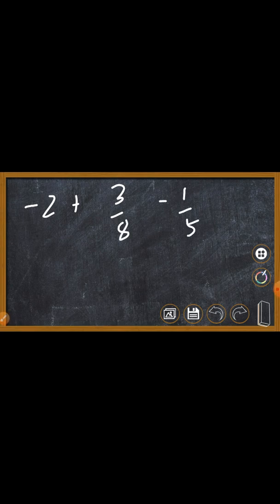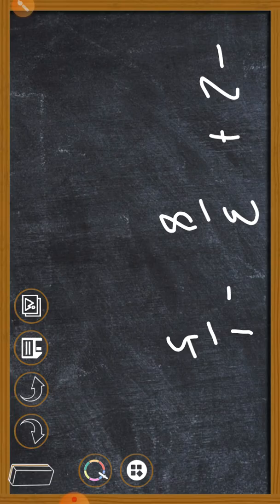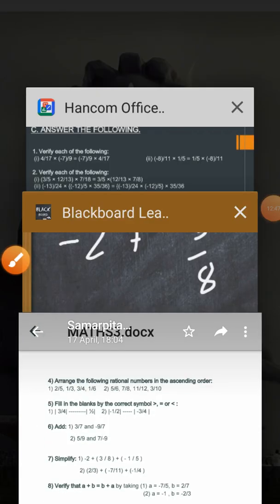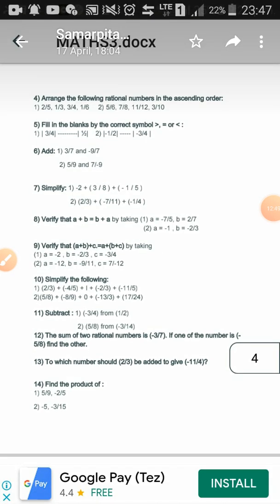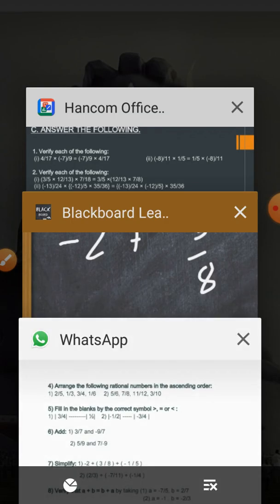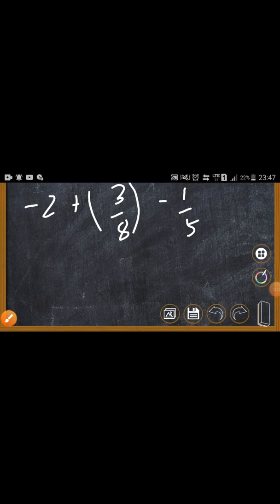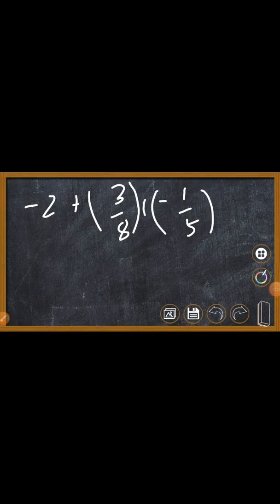Wait, there's another thing to check. This 3 by 8 is within a bracket, minus 1 by 5 is within a bracket, and you're supposed to add. So for 8 and 5, the LCM is 40.